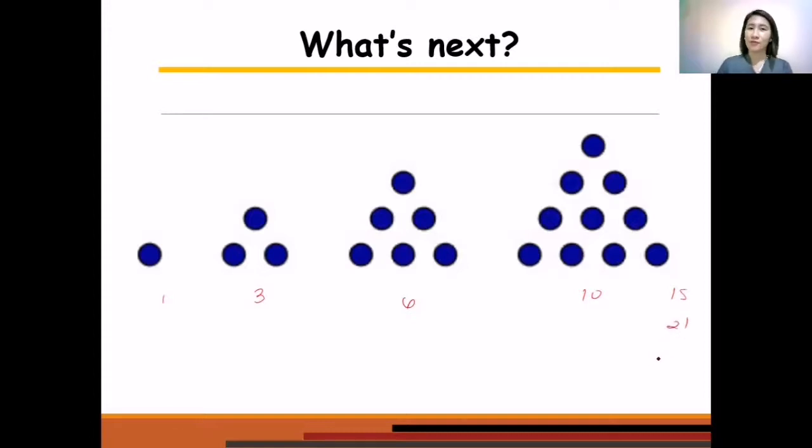If you look at the pattern given, you don't actually multiply or add the same number. You are adding an increasing number. So you add 2, and then you add 3, you add 4, add 5, and so on for you to get the next term. But again, these are still sequences because they have patterns in them.